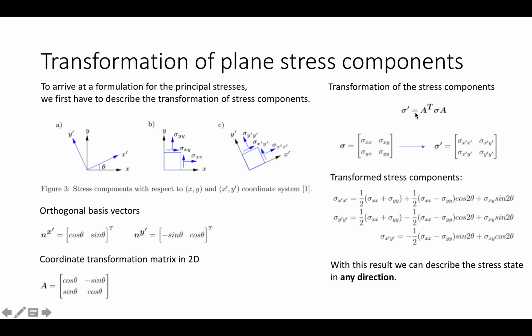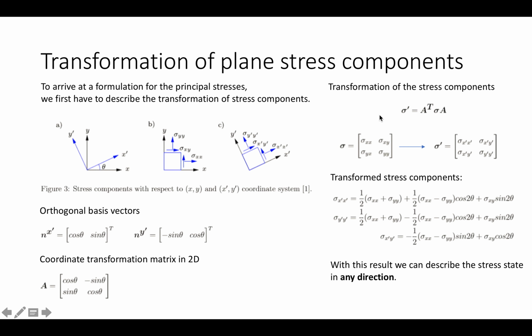To elaborate this matrix multiplication, we first consider sigma times A. What we get here is the stress components on the rotated surfaces, but still expressed with respect to the old coordinate system.